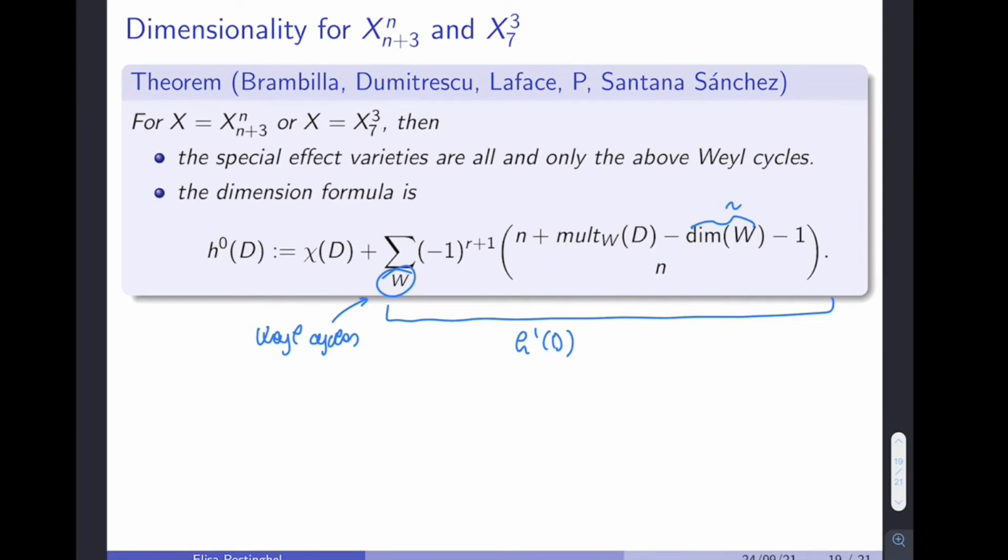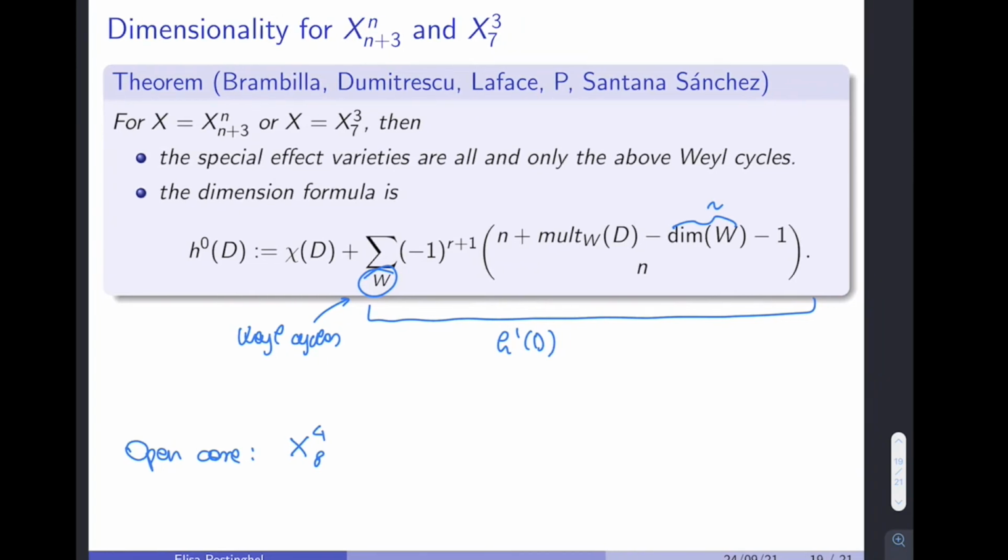This is the multiplicity of containment in the base locus, which is to be computed, and it's not so obvious, but somehow we were able to compute it. So there is one open case, as I mentioned earlier, P4 blown up at 8 points, but I'm confident that this can be solved.